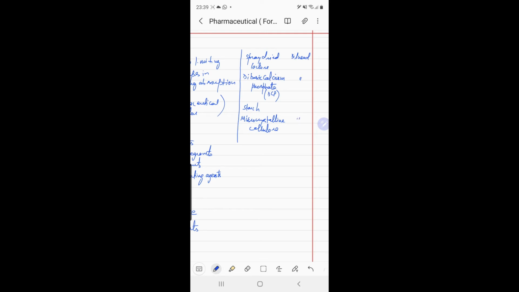We have magnesium stearate. This is a category of lubricant. You know that lubricants are mainly oily in nature.